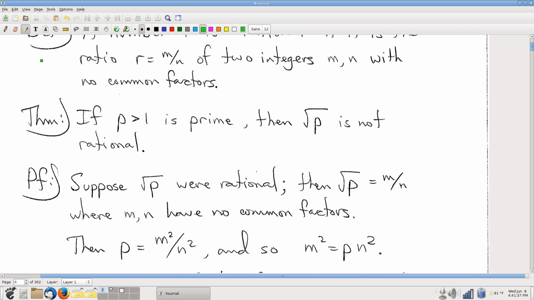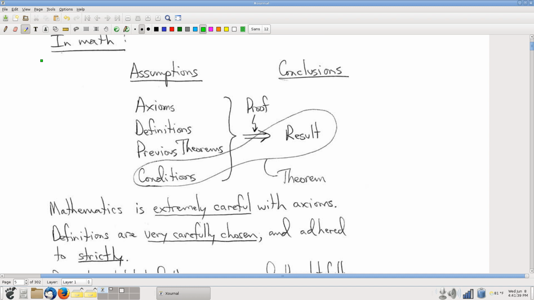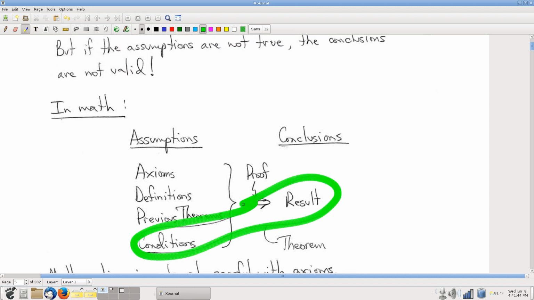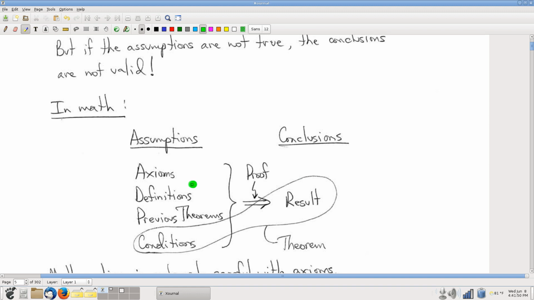So let's come back up here to our little road map. You see a theorem is a statement. This is an assertion of a true fact. A definition is a choice. It's just terminology.